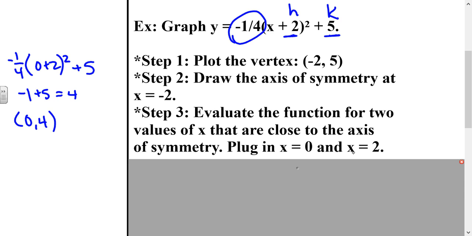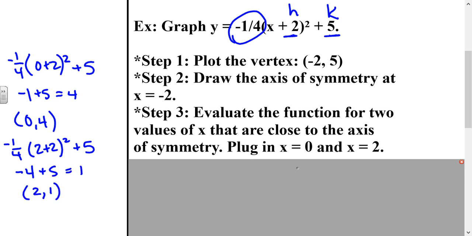Then I'm also going to plug in 2 for x. So I have negative 1/4 times (2 plus 2) squared plus 5, and 2 plus 2 is 4. 4 squared is 16. Negative 1/4 times 16 would be negative 4, plus 5, which would equal 1. So we would have the point (2, 1).